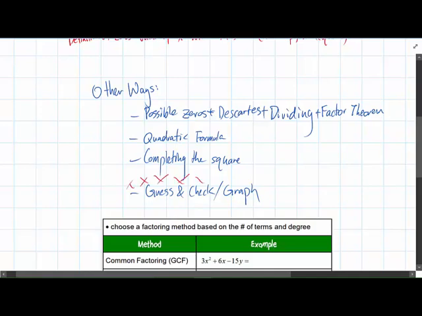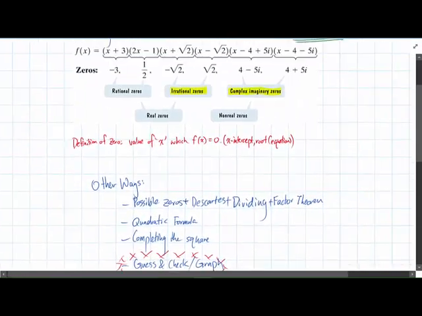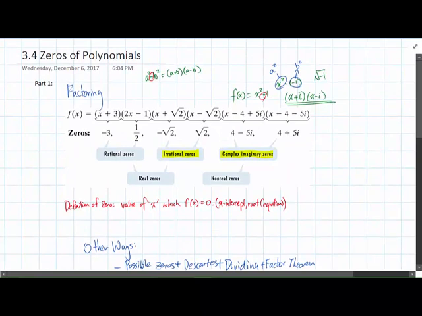I won't cross these out completely, but unless you're required to, if you really can, the quadratic formula would be better. The quadratic formula, I'm not sure if it's covered already, but I think it's covered.